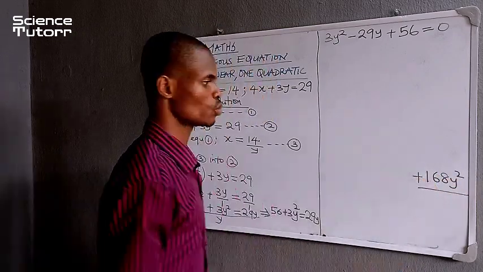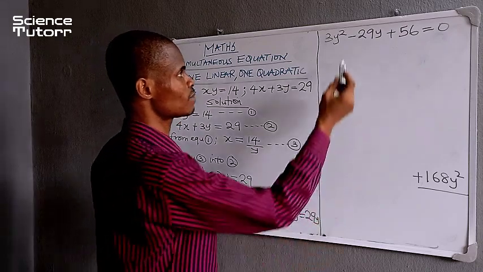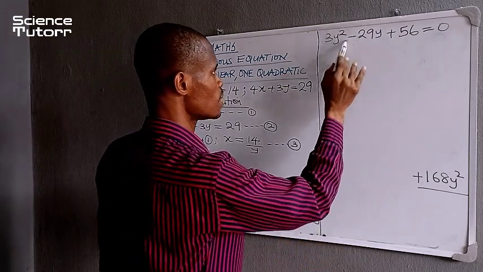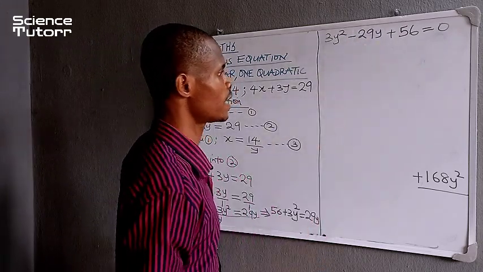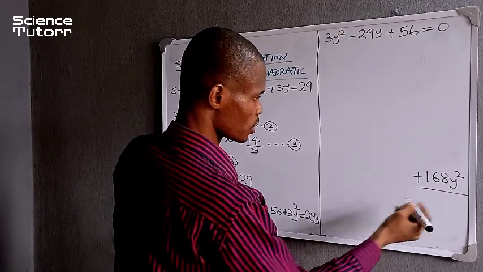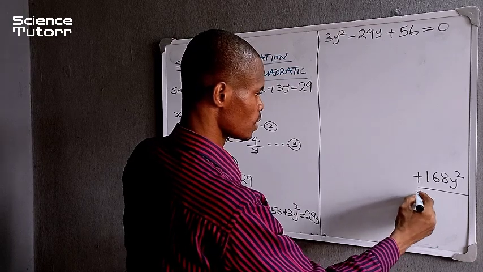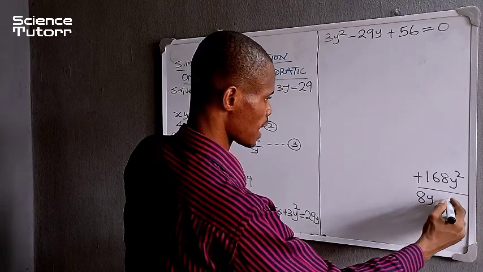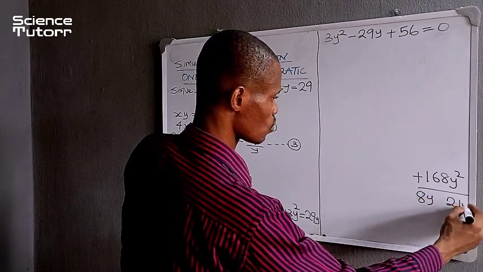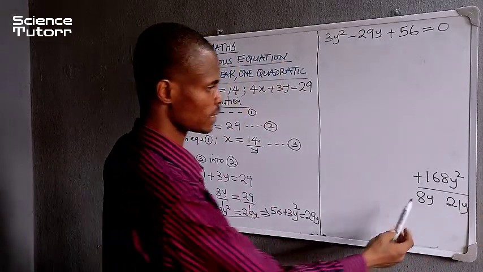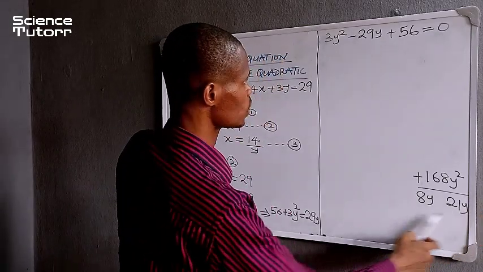Plus, we find two numbers such that when we add them together, it's going to give us the middle term, which is minus 29. So we shall be going for, if I divide this by 8, it's going to give me factors of 8 and 21y. I think if I add this together, it's going to give me 29.